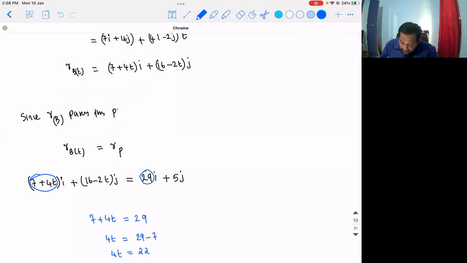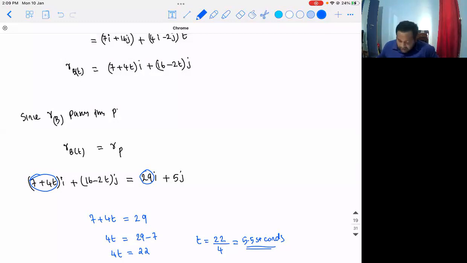So t is equal to 22 over 4, that is 5.5 seconds. So Brownian passes this point P after 5.5 seconds, but Agatha passes after 6 seconds.